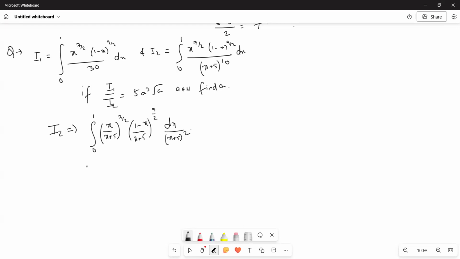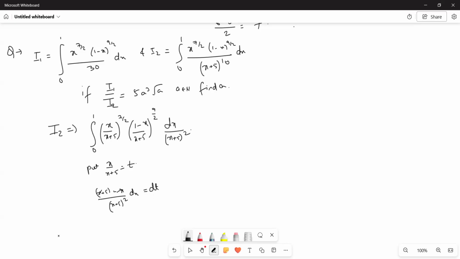Now what we do is put x by x plus 5 as t. So when we differentiate this, by the quotient rule we will have x plus 5 minus x by x plus 5 whole square dx is equal to dt, which effectively would be 5 dx by x plus 5 whole square is dt, so this is dt by 5.